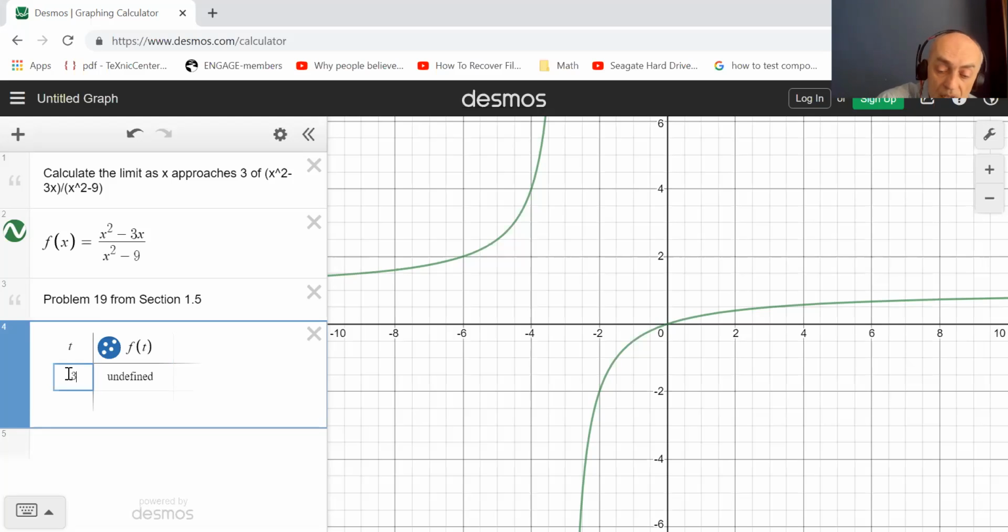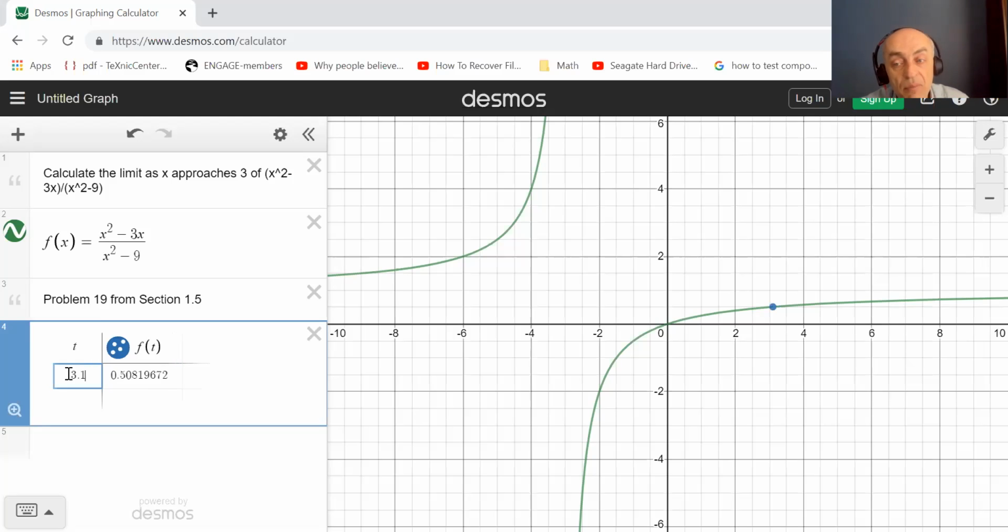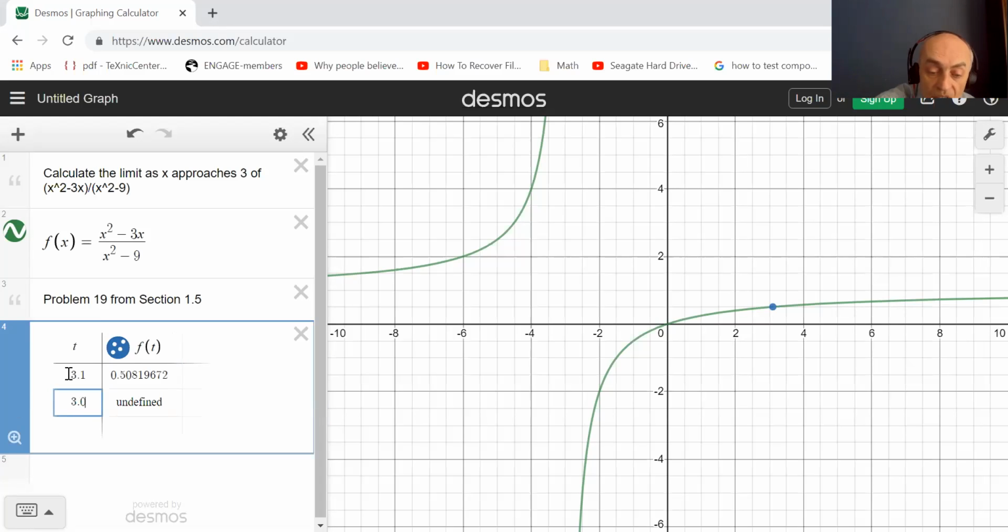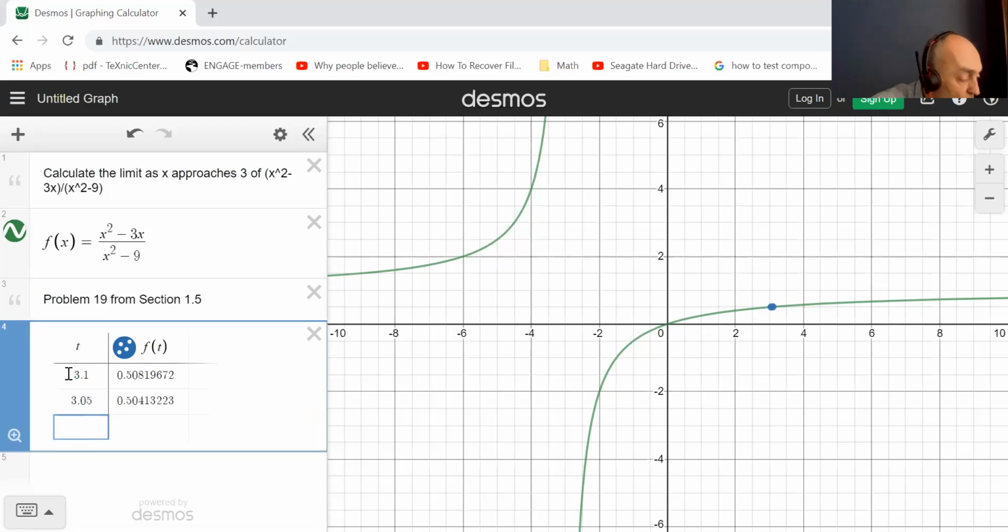They say do 3.1. Right now I'm just typesetting, folks. So say x equals 3.1, then the next one is 3.05, and the next one is 3.01.